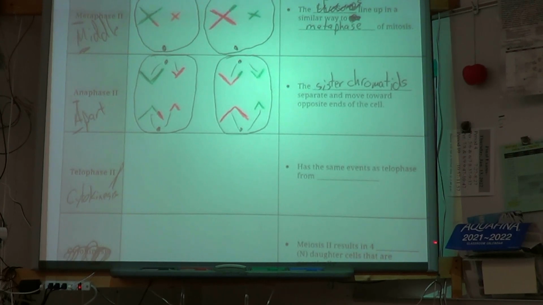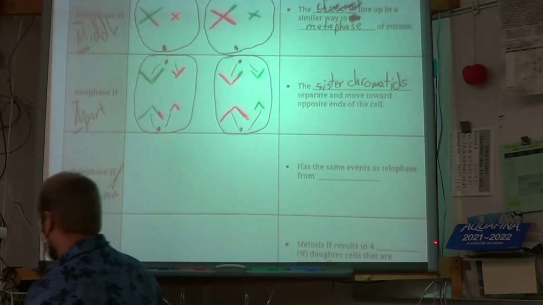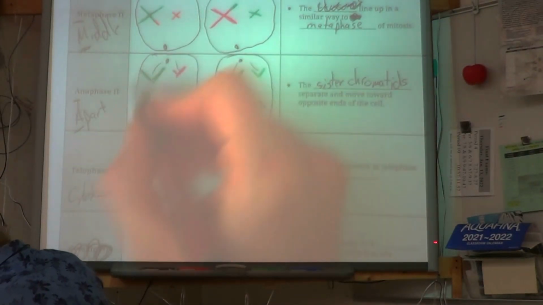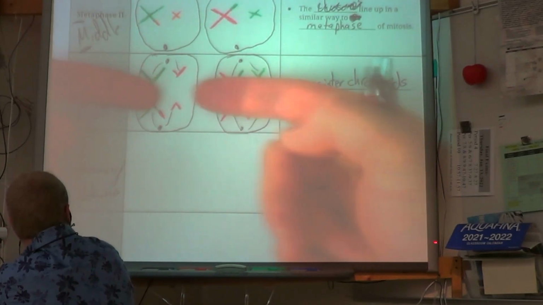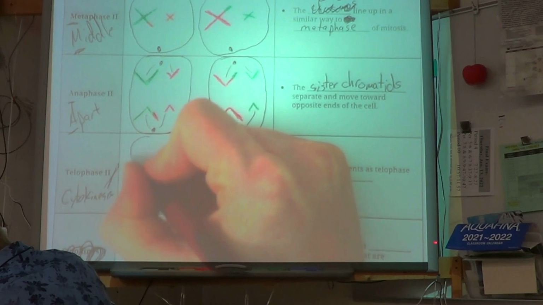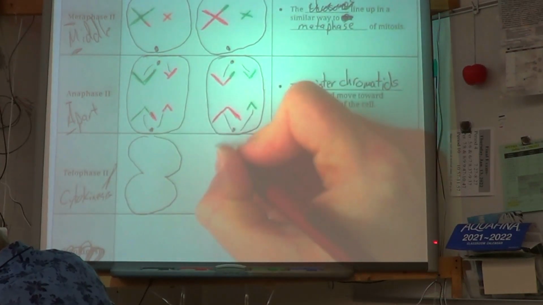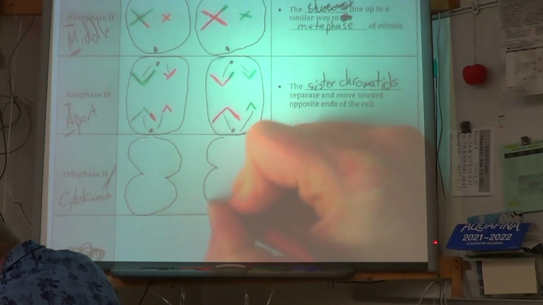I'm going to skip the chromatin part, because it helps illustrate an important point. So this is going to start to pinch inwards right here, and this one's going to start to pinch inwards right here. So we get something that looks like this.